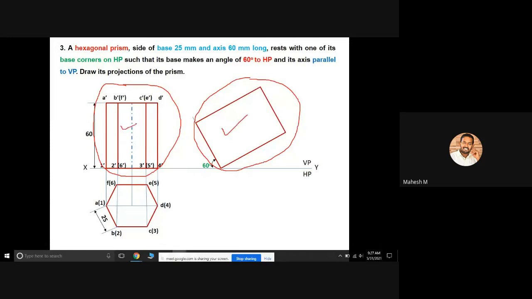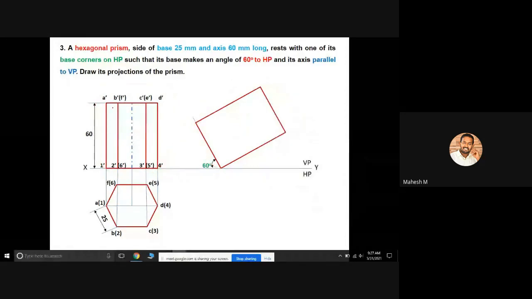So you can replicate the same size. Okay, so the same size should come here.